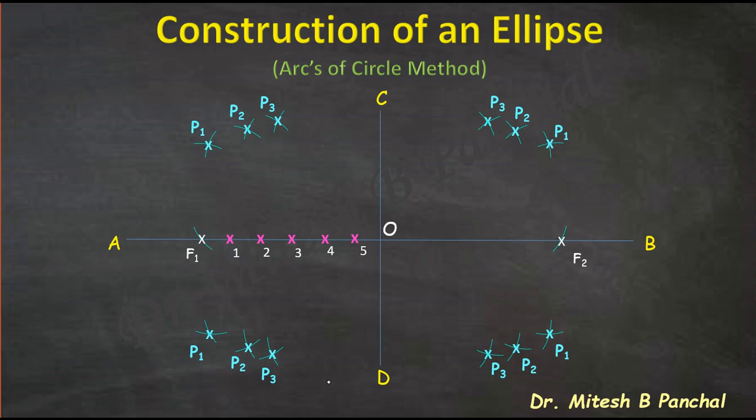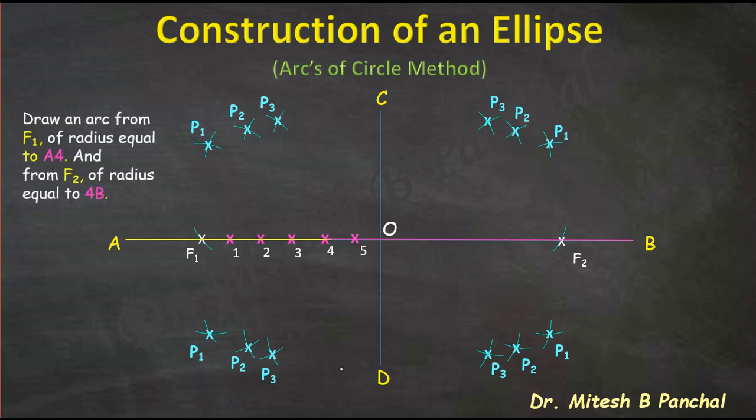Now consider point 4. The first portion of the major axis is A4, and the second portion is 4b. So A4 plus 4b equals AB. Draw an arc from F1 of radius equal to A4 and from F2 of radius equal to 4b.